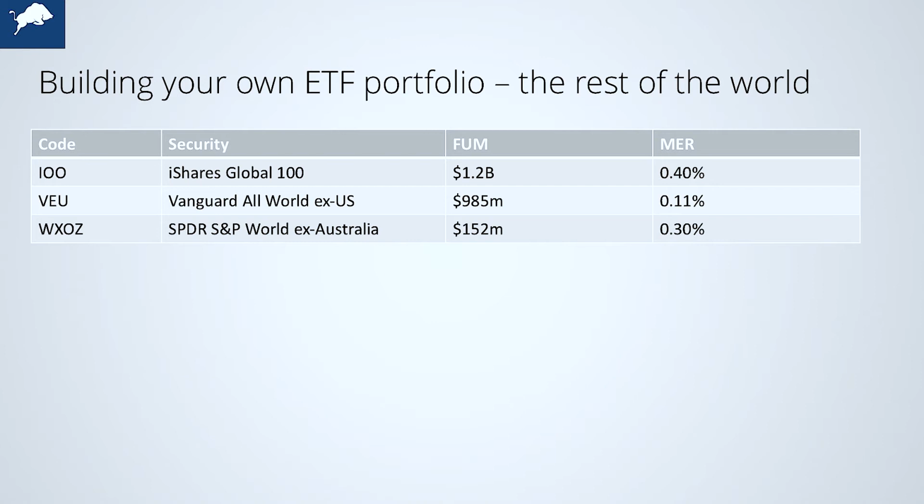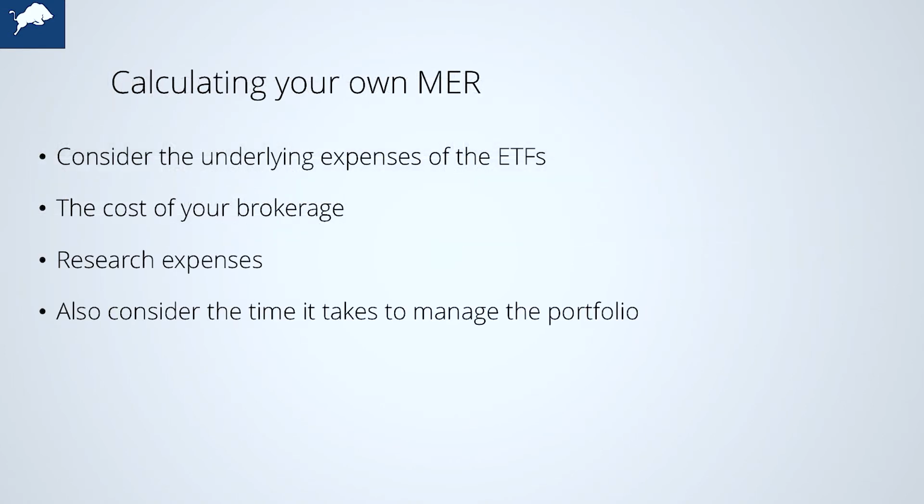So my next slide here is about calculating your own management expense ratio. And the reason why I put this in here is because you could go out there and buy all these ETFs. You could subscribe to InvestSMART, and if you're an InvestSMART subscriber, hopefully you know that you have total access to view all of our model portfolios at any point in time.